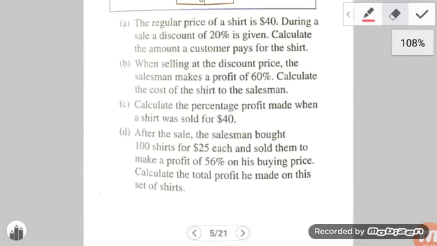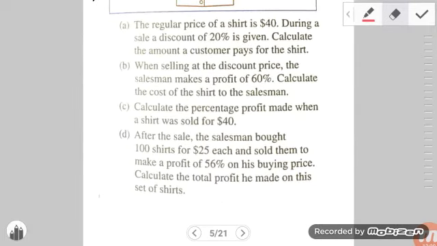Part C. We are to calculate the percentage profit made when the shirt was sold at $40. And this is what I was kind of talking about. Now we are trying to find out what the actual percentage profit was that this man was making if he was selling it at $40.